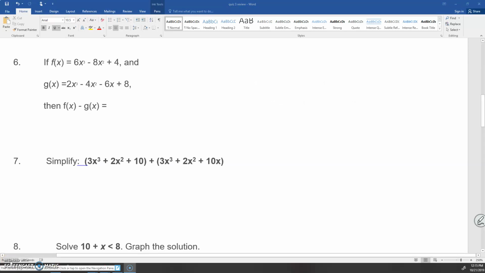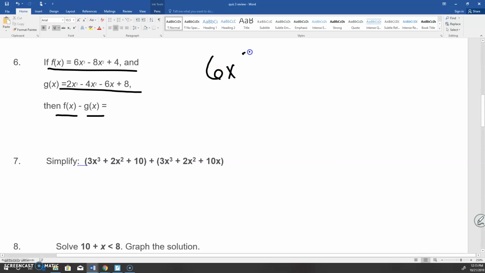Okay, it tells me what f of x is. It tells me what g of x is. And it wants you to take f of x and subtract g of x. So f of x, I have 6x to the third, negative 8x squared, a positive 4. And then g of x, I have 2x to the third, negative 4x to the second, or squared.